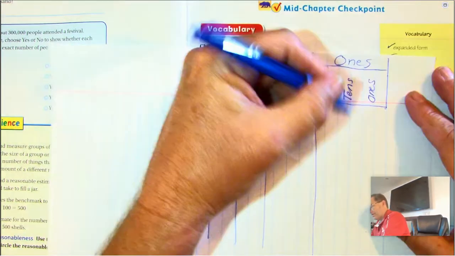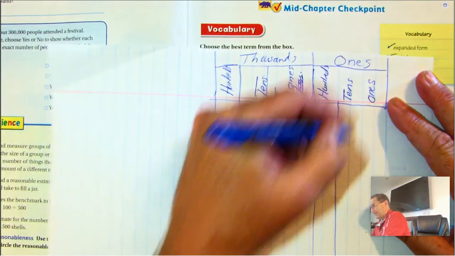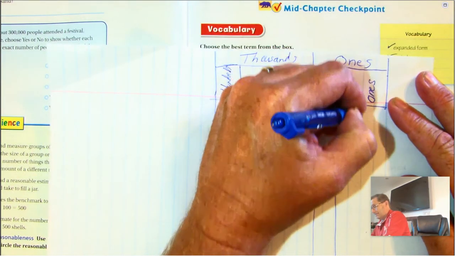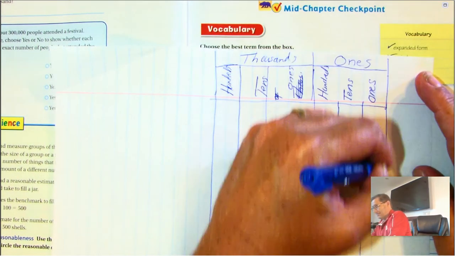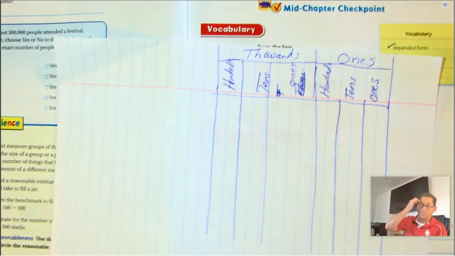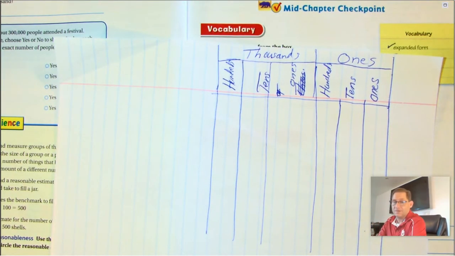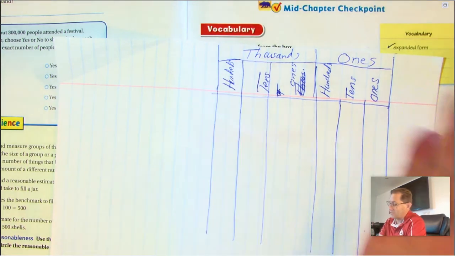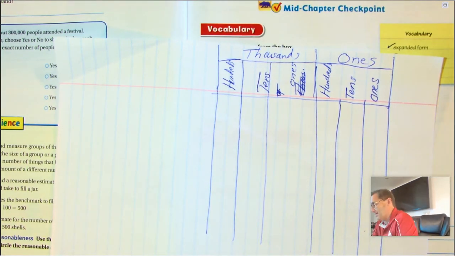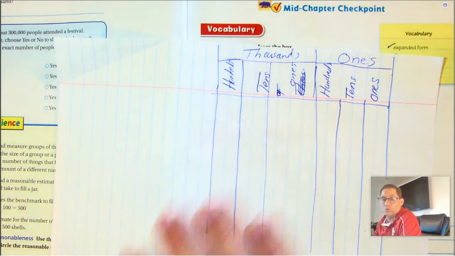All right, the hundreds, the tens, and the ones. All right, so anyway, we have a place value chart. And as long as the columns are lined up, in a sense, I guess it doesn't have to look pretty. We're just using this as a tool.